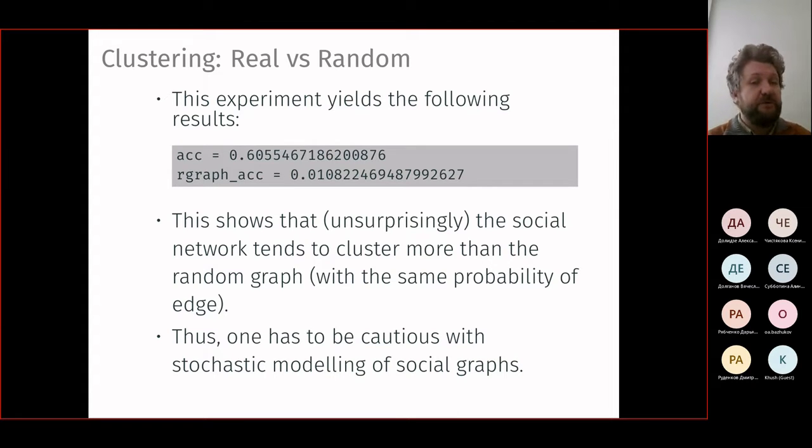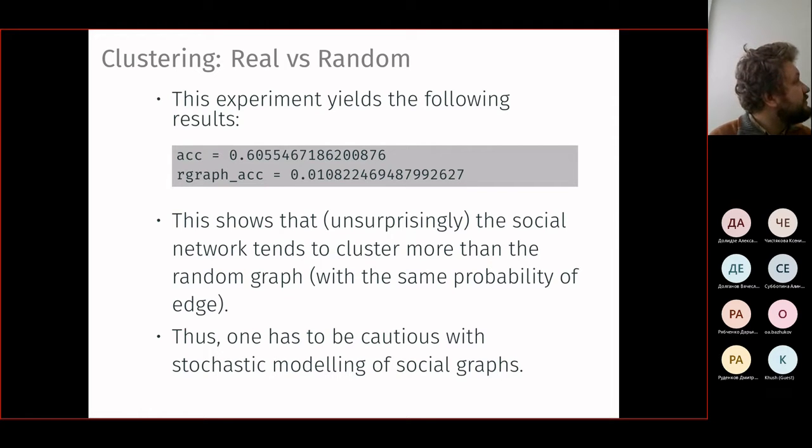But the second parameter, the clustering coefficient, will not be the same. And it's really important because clustering in social networks, say in modeling pandemics, determines how fast the virus will propagate and so on. And unfortunately, this is the real issue.